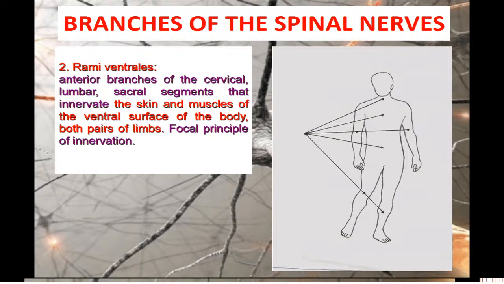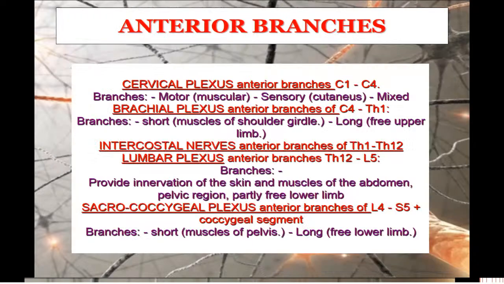Ventral branches supply the ventral part of the neck, ventral part of the trunk, and the upper and lower limbs completely, including the muscles and skin. These ventral branches form plexuses, except the ventral branches of the thoracic spinal nerves.